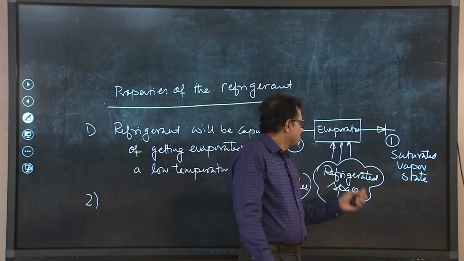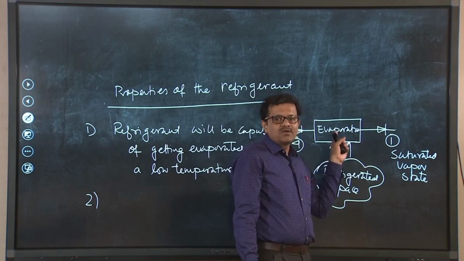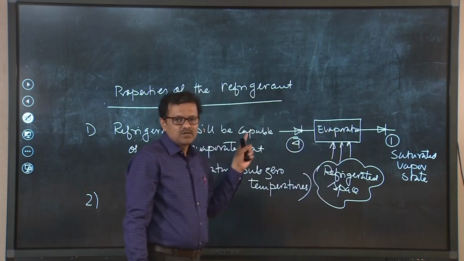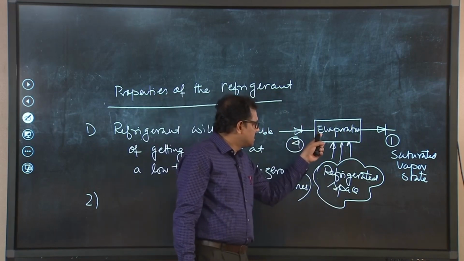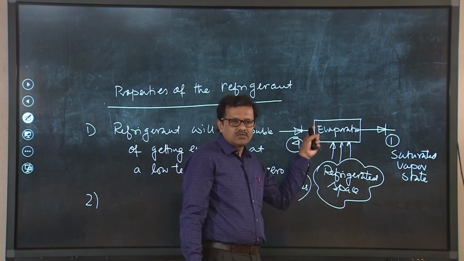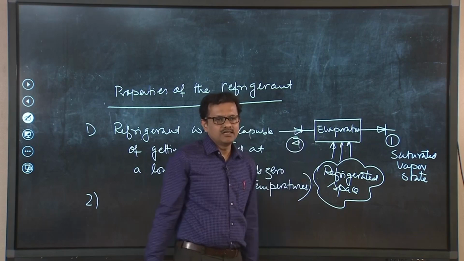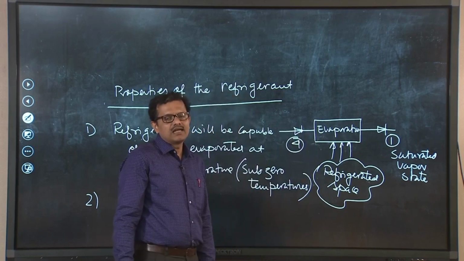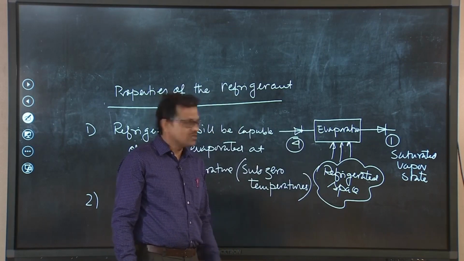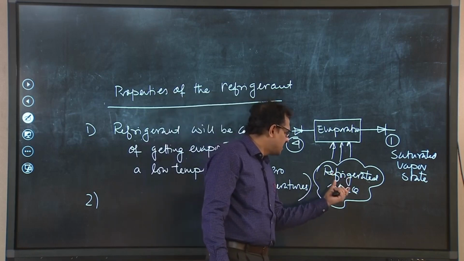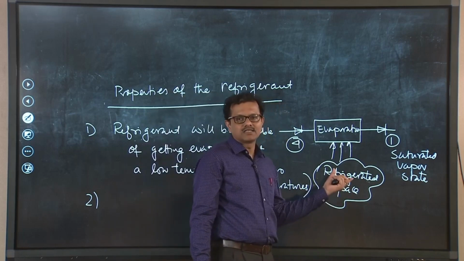bulky, and also the power input or energy input to run the compressor will be more, because the specific volume will be more. So, another important quality of the refrigerant is that this particular working fluid should have high latent heat at the sub-zero temperature, so that more amount of heat can be extracted from this refrigerated space.